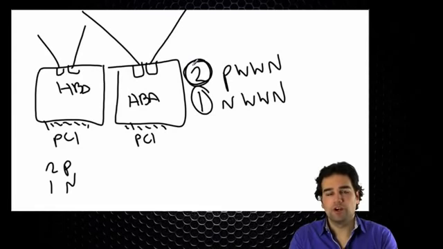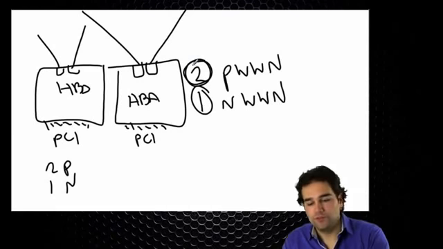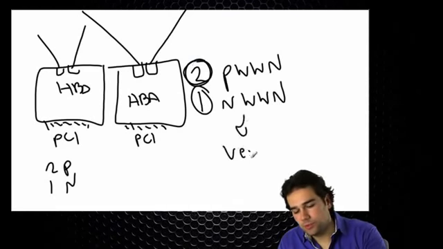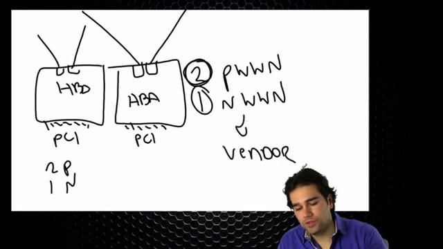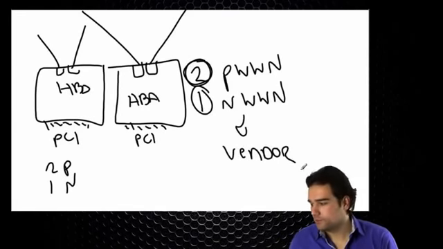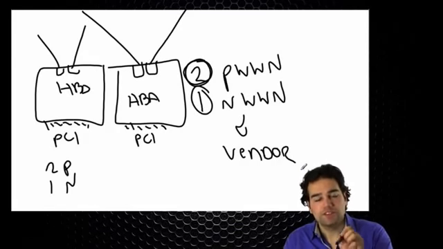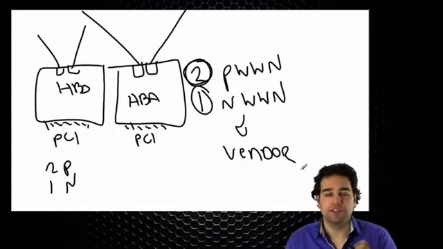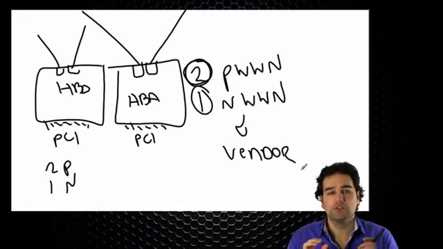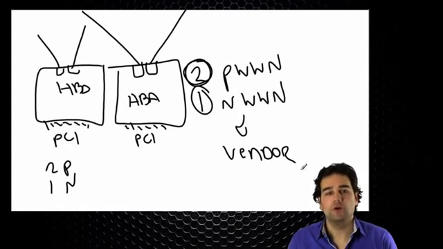If you buy a network card, it will have a MAC address. Same with this. So the vendor allocates the worldwide names, the card vendor or the switch vendor. So again, this does not talk about where this is used in the forwarding of traffic, just to identify a host on my network.